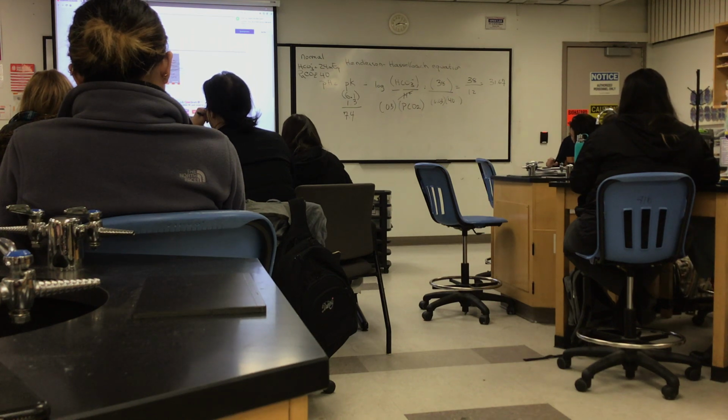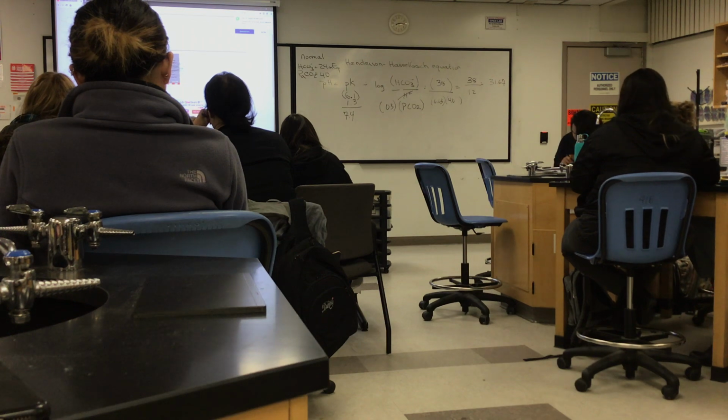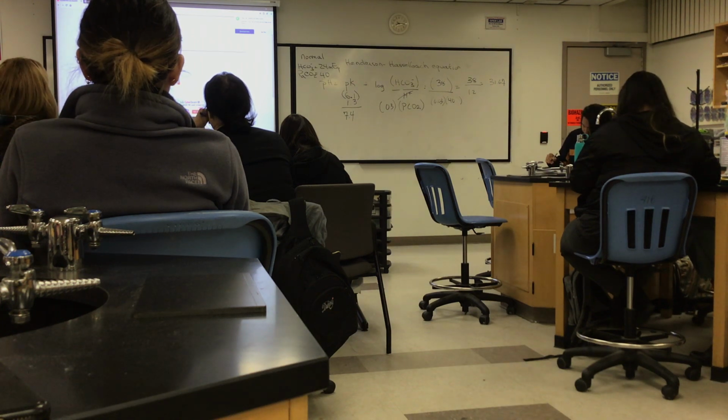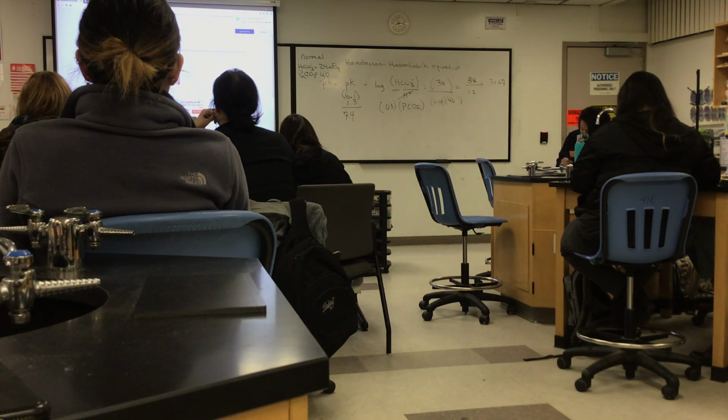First of all, would you expect this to be an acidic or basic pH? Does she have too much bicarb, or too much carbon dioxide? She has too much bicarb. Is that going to make the pH go up or down? Up. So what was my number again? 31.67?